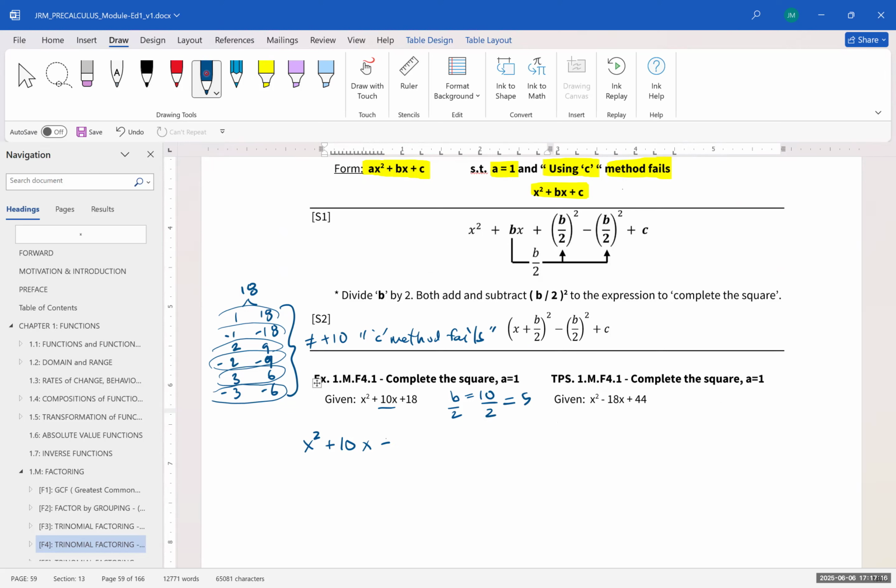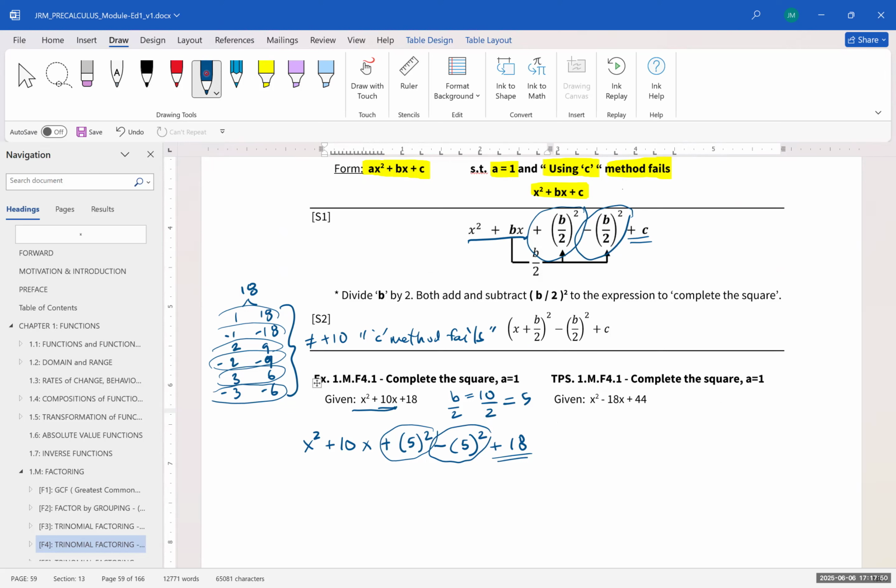So that's going to be plus 5 squared minus 5 squared, and then we have plus 18. So we took the first two terms, then added b over 2 squared, then subtracted b over 2 squared, and then added in the third term.